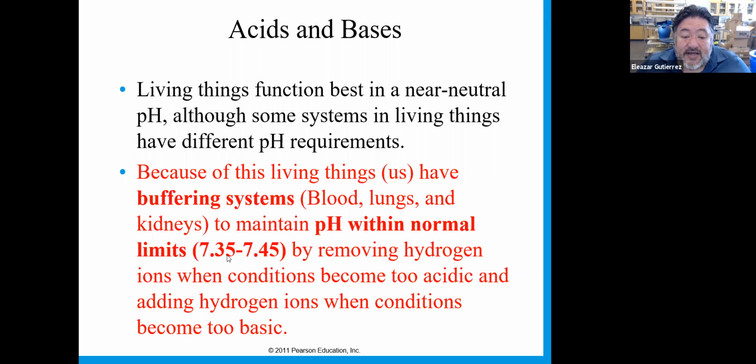So if you're making the blood acidic, you're just moving yourself closer and closer to death. And the body's trying to do everything it can to help you. There's buffers in your blood that are trying to maintain this. The lungs are trying to help you. The kidneys are trying to help you. So at the end of the day, if your body is not in a good range in this pH, you need to help it. Okay.